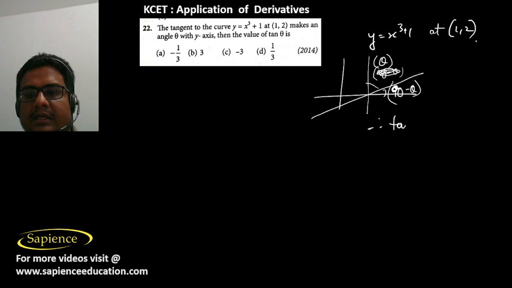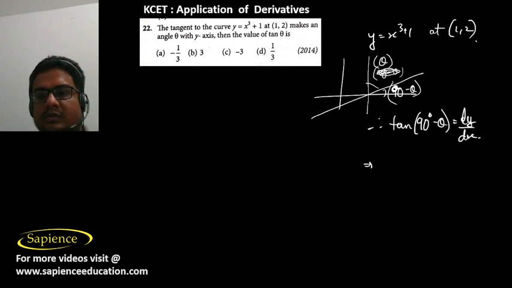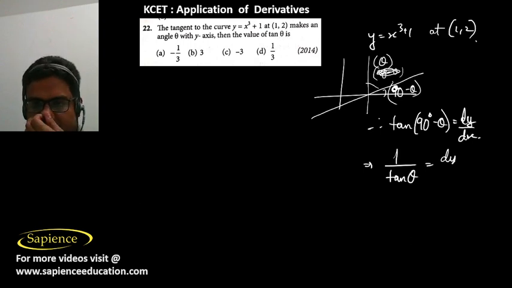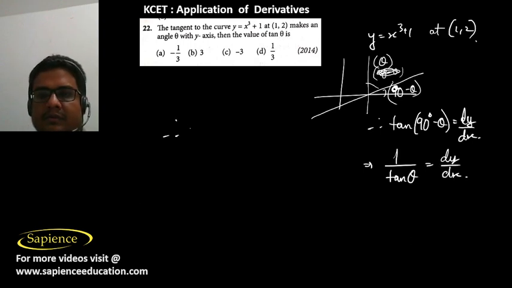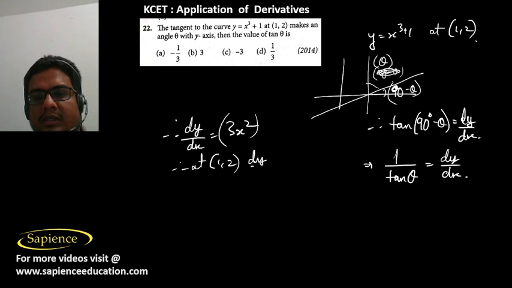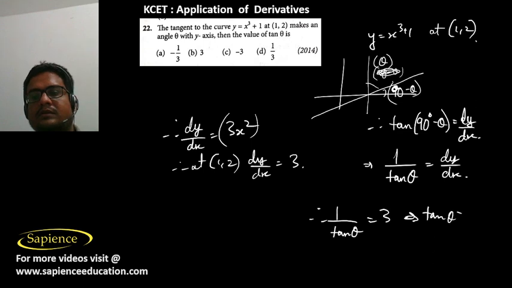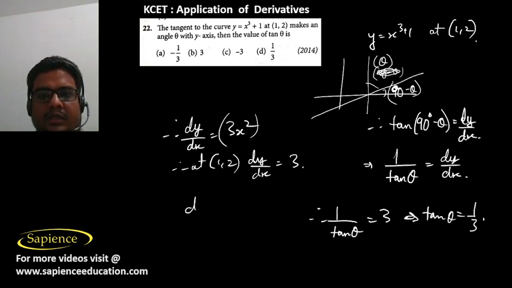So tan 90 minus theta is equal to the slope, dy by dx. Tan 90 minus theta is cot theta, so 1 by tan theta is equal to dy by dx, that is 3x square. Therefore at 1 comma 2, dy by dx will be 3 into 1, so 1 by tan theta is 3. Option D is the correct answer.